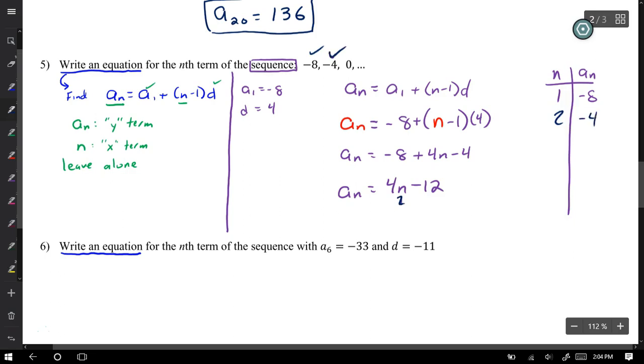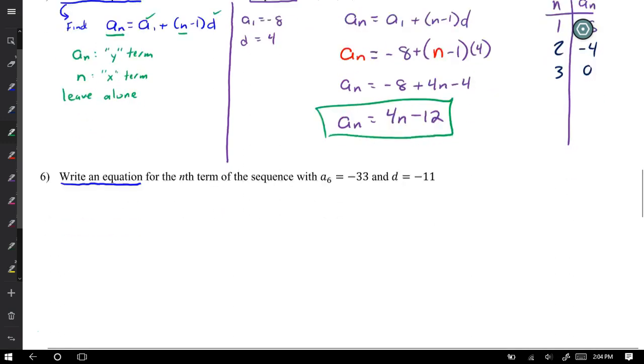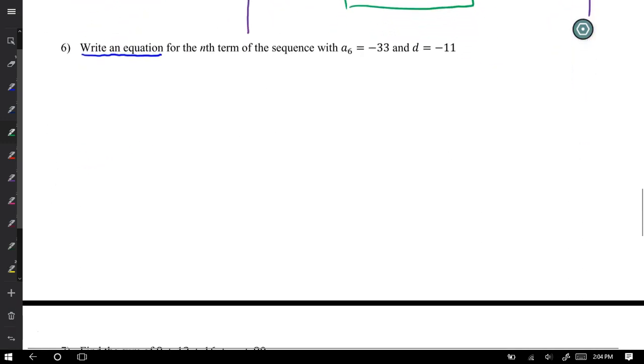It works. And I can keep going, 3, 4 times 3 minus 12 is 0, boom. So I checked a few of them, I can see it works, I am happy with my equation, so I'm going to box it and move on to the next problem. So your equation should work, and it's always good to just check a few random ones to make sure that it does. Don't just check the first one, check a few of them.